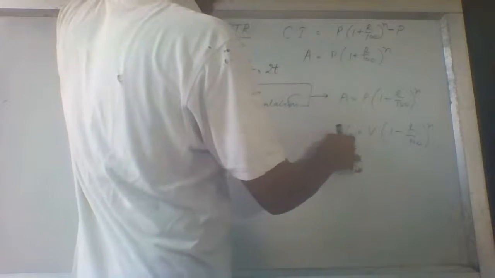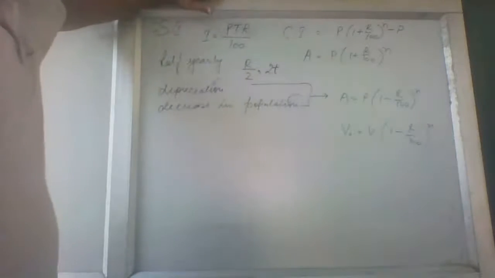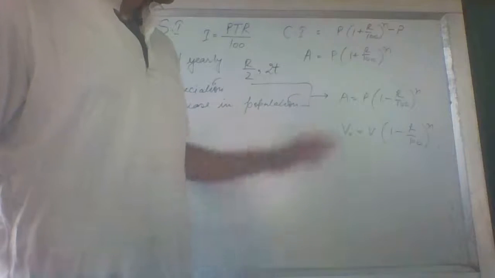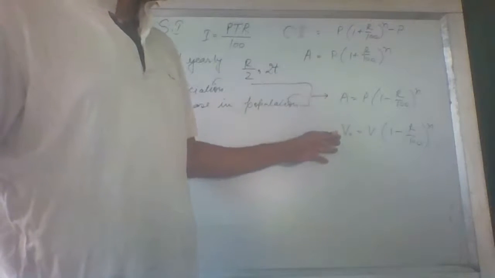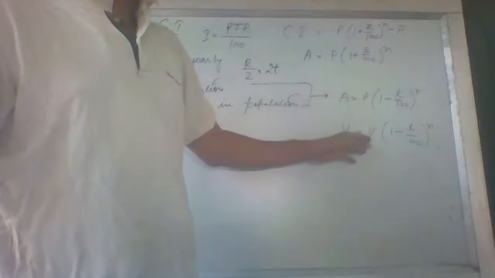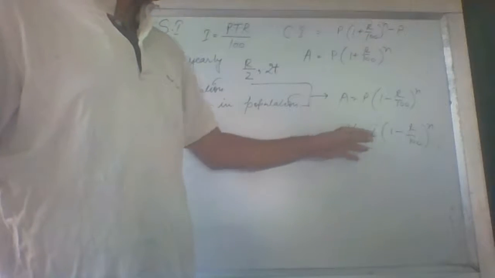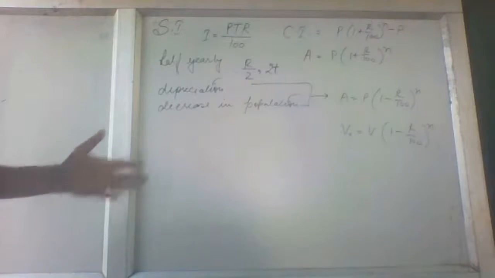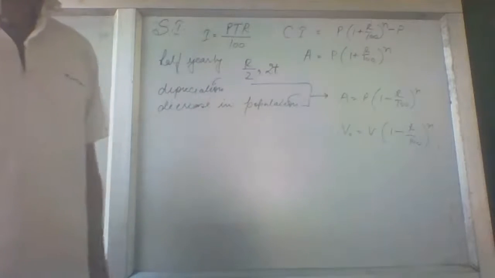V0 or V, they have the usual meanings. So the amount will convert to V, principal will convert to V0, or this may be V and this may be V0. It depends on how easy it is for you to understand.